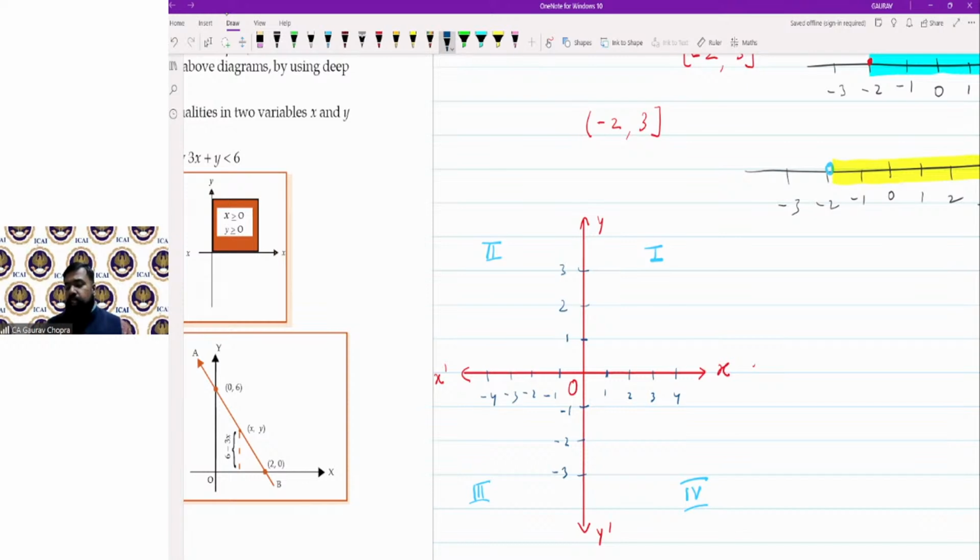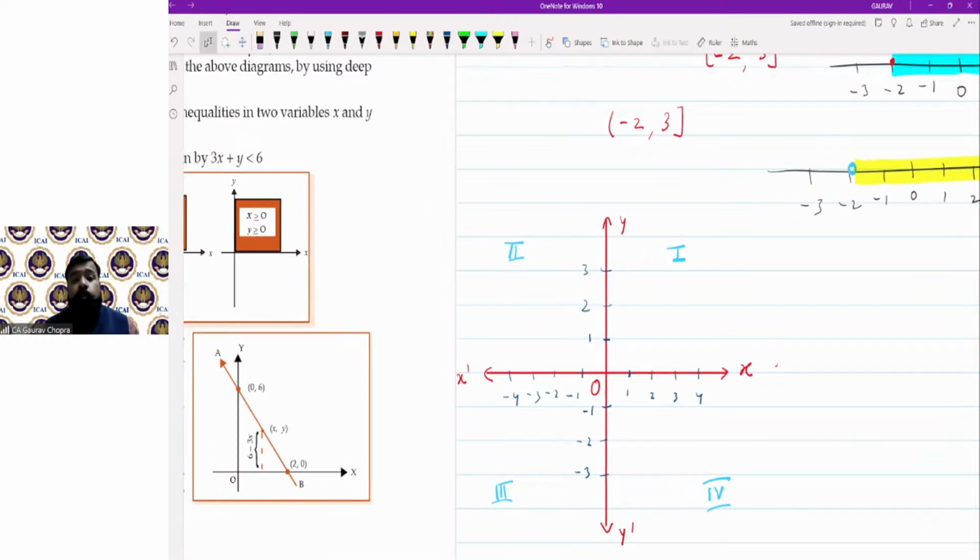All right. So I think you must have studied all this, but yes, we are revising from basics. Now, if we have to mark x more than 0, x is greater than 0, we should not touch 0. So any line away from 0.